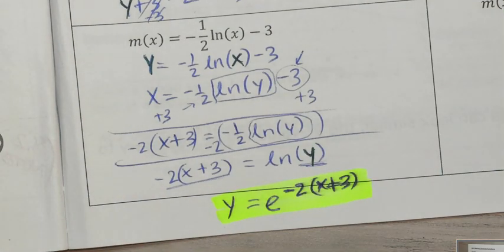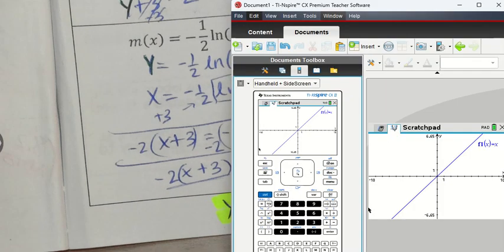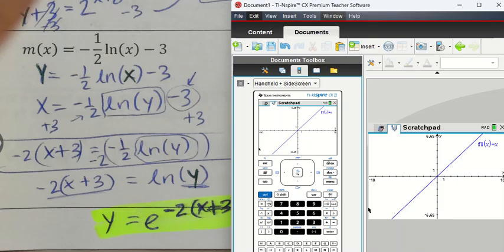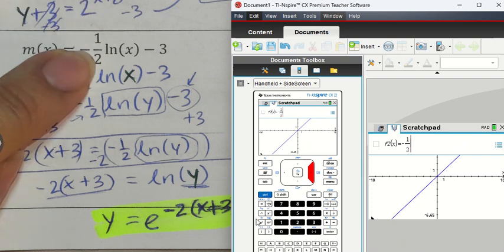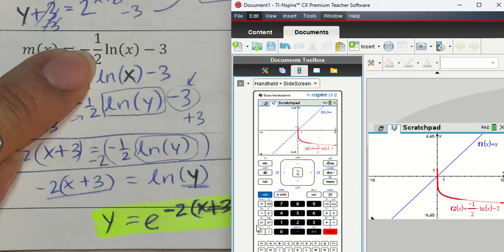All right, so let's graph that just to verify. The original is negative 1/2 ln x. So let's type that, negative 1/2 natural log x minus 3.